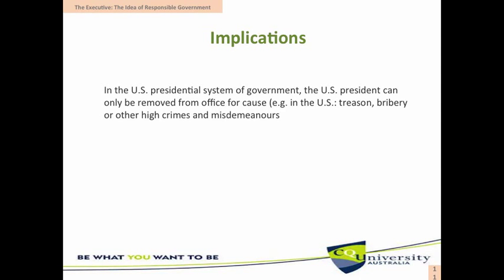And the only way that the US President, for instance, can be removed from office will be if he's impeached by the House of Representatives and then convicted by the US Senate. But even then, there must be constitutional grounds for the President being impeached and being convicted. And the US Constitution defines those grounds as being based on treason, bribery, or other high crimes and misdemeanors.